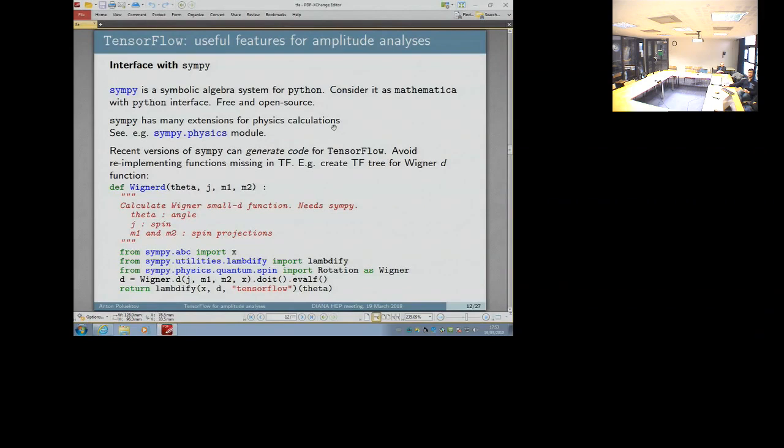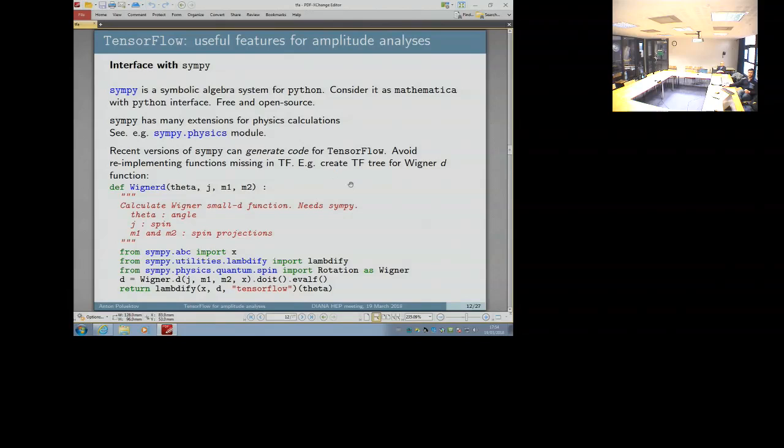For instance, if you want to define a Wigner-D function, which basically describes the spin projection in some angular observables, in principle, it's just a complicated function of sines and cosines of some angle, depending on the spin and spin projections of the particle.